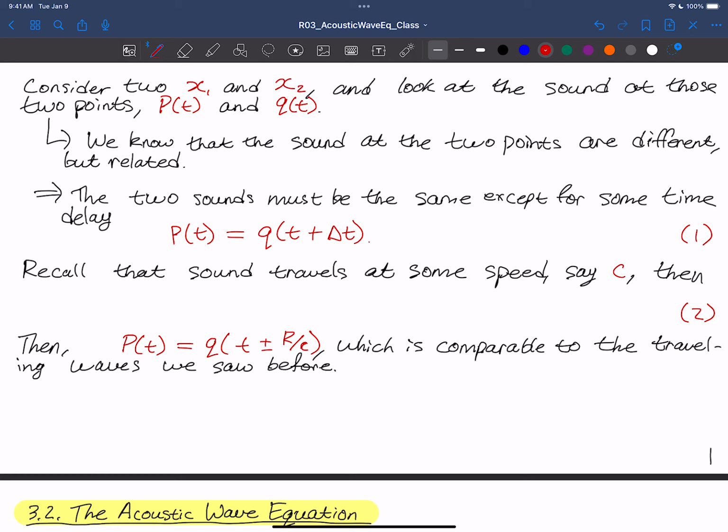And then from there, we've said that sound travels at the speed of sound, which we'll say is c. Then we can relate that time delay to the distance between point P and point Q, and say that delta t here is equal to r divided by c, where r is the distance from P to Q.